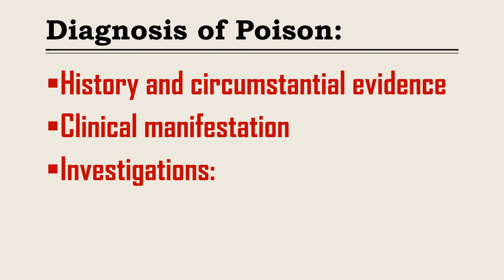To have a diagnosis of any patient, you should do 3 things. First, take a full history, make a full clinical examination, and then do investigations. So diagnosis equals history taking, clinical examination, and investigations.